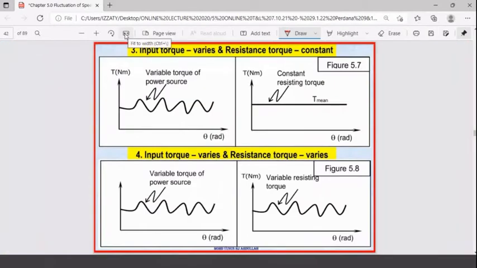The next one is the variable torque now. The variable torque keeps fluctuating over a period of time. When it drives something, for example, it seems that the resistant torque is constant, so we have T-min. This one is an internal combustion engine, or just call it an engine.